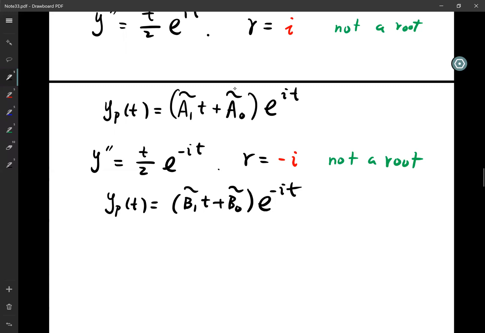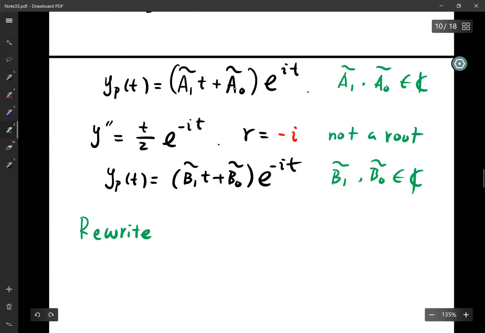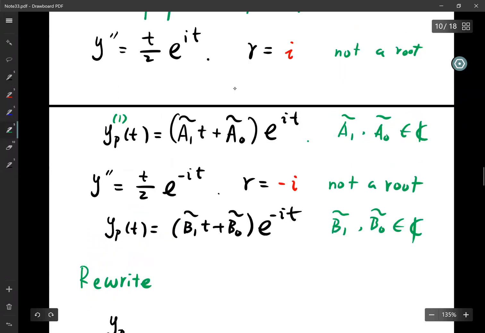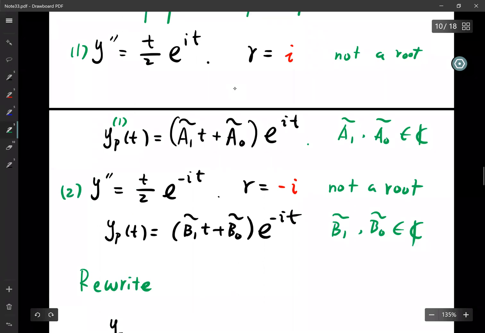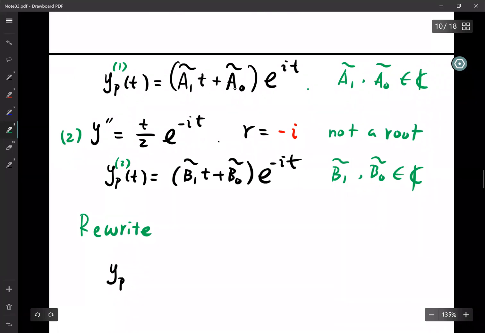So in the end, I can rewrite the answers. Note that A1 tilde, A0 tilde are complex, and B1 tilde, B0 tilde are complex. I can rewrite the solution to the original problem. Let me also add this 1, 2 here to indicate that these are particular solutions to the subproblems.